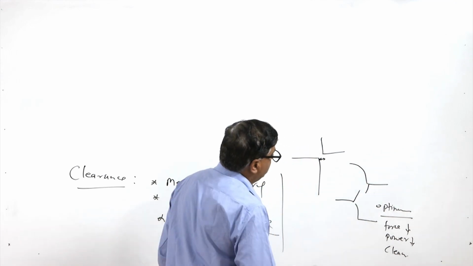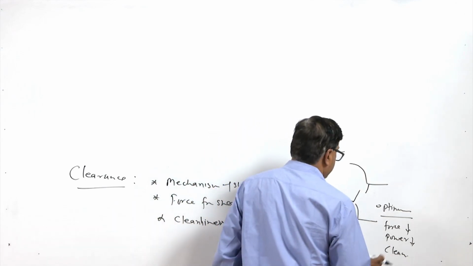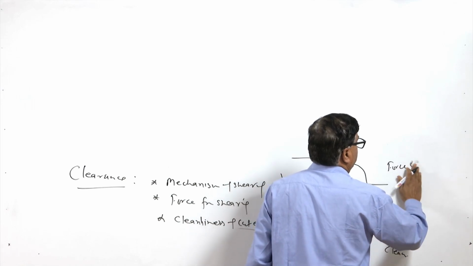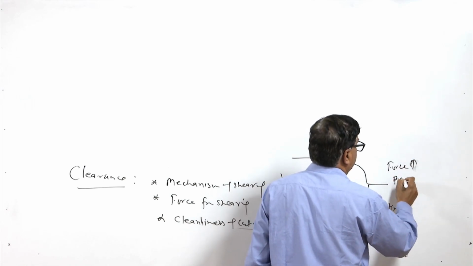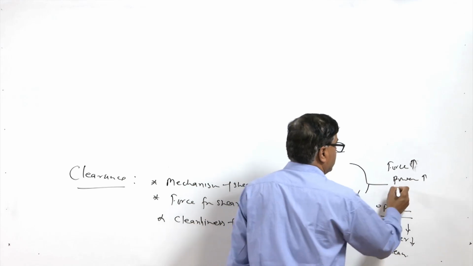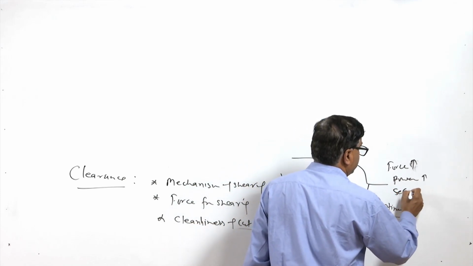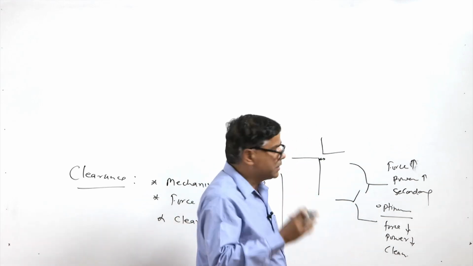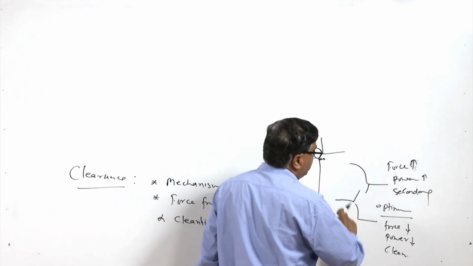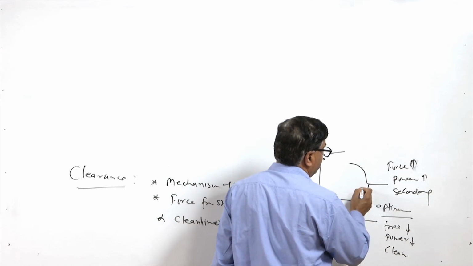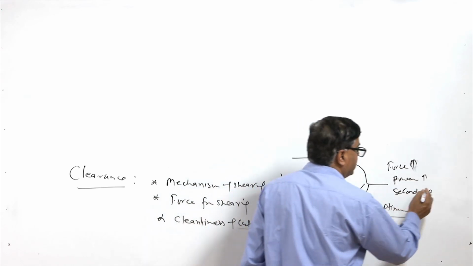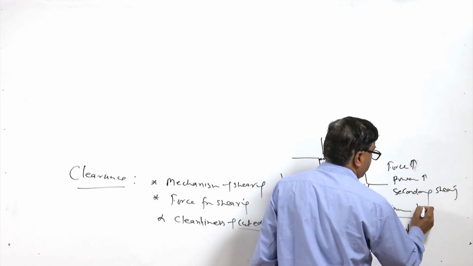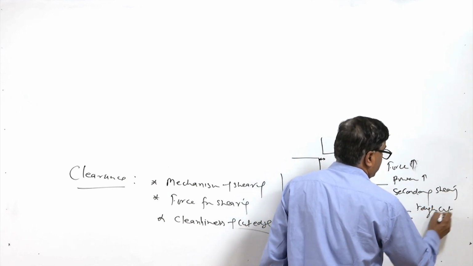So, they bypass each other, and in that case the force requirement increases, power requirement increases, as well as secondary shear takes place. Since the cracks coming from both the sides do not meet at the center, they will lead to the secondary shearing, and this causes the rough cut edges.